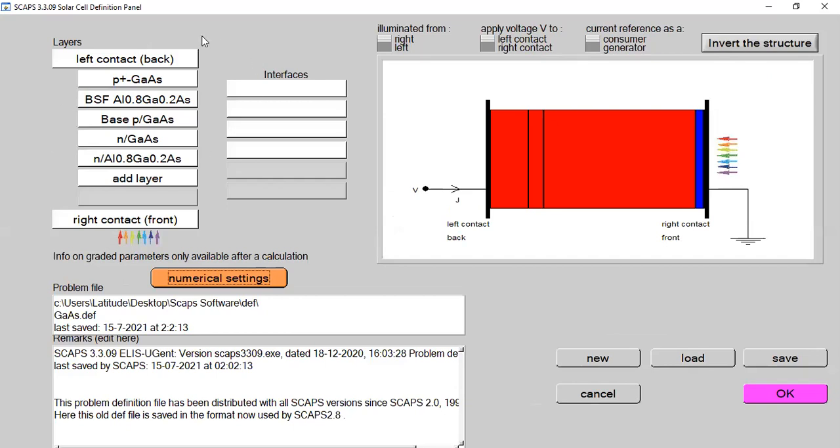You can see that I have already simulated a gallium arsenide based solar structure in SCAPS-1D. I designed and simulated this structure on the request of some Bangladeshi students, and it was very interesting that I have completed this task.